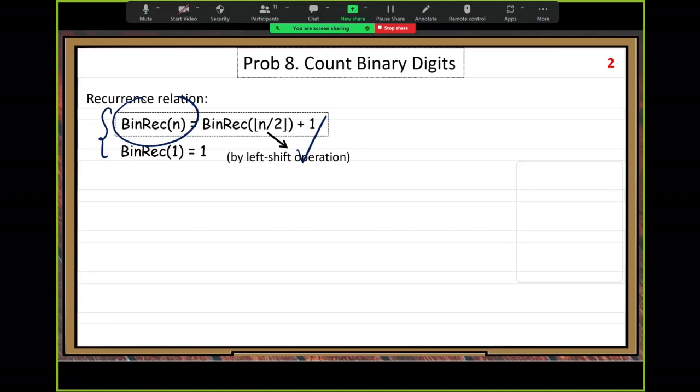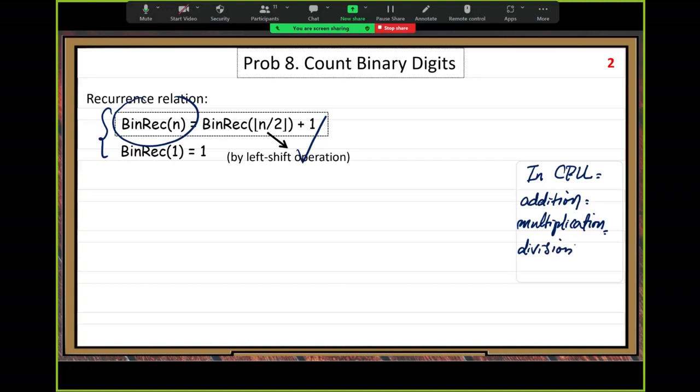Here, let me give you the rough relationship of execution times for the basic operations inside the CPU: the arithmetic operations addition, multiplication, and division.